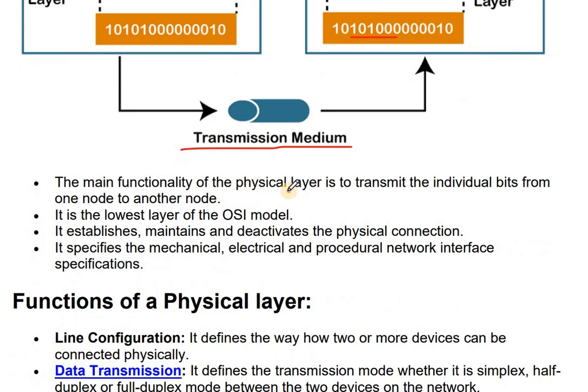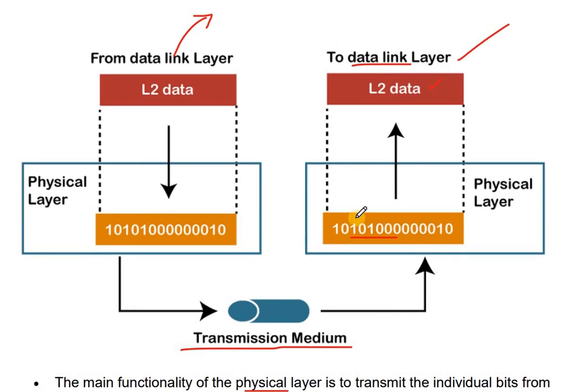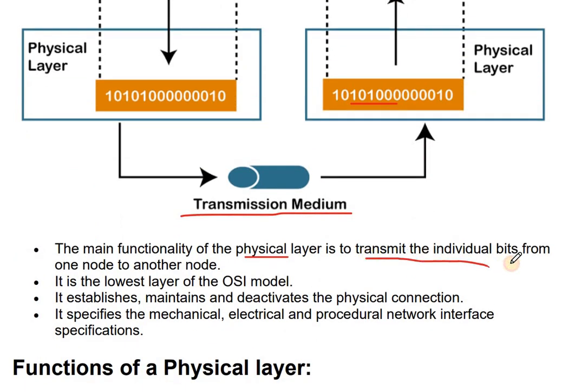The main functionality of the physical layer is to transmit the individual bits from one node to another node.